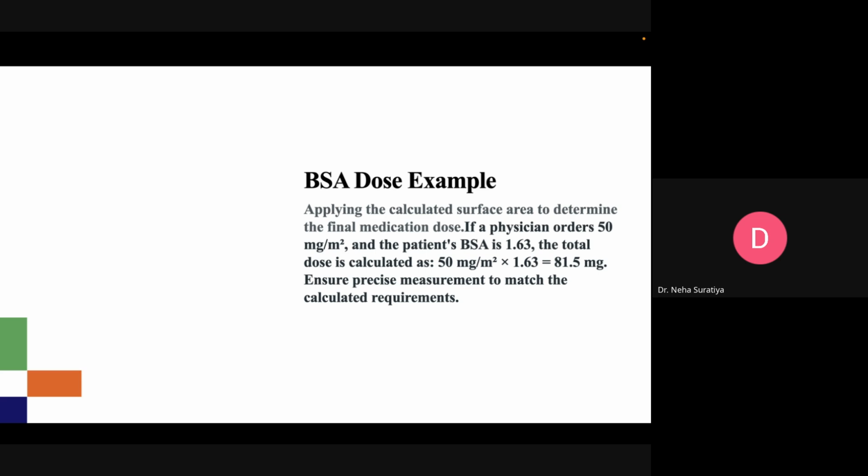For many chemotherapy and immune suppression drugs, this is how they mention the dose. So the total dose is the order dose into the BSA you find. 50 into 1.63 gives about 81.5 mg. So the final dose to be administered based on body surface area is 81.5 mg.